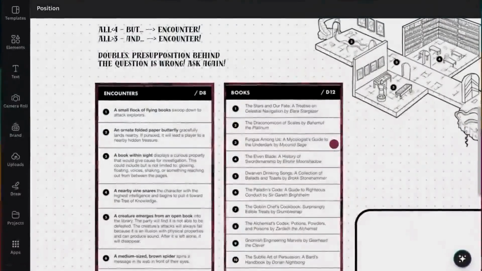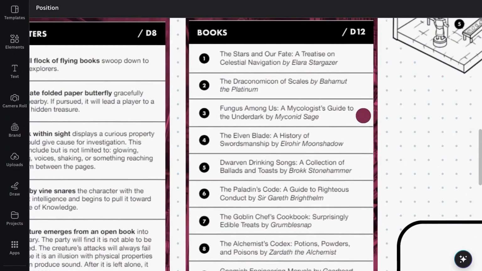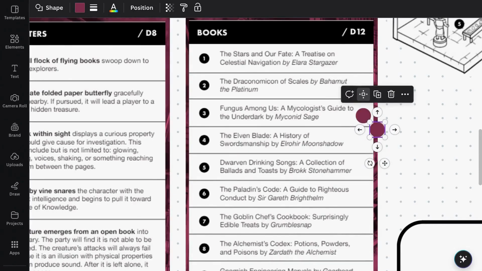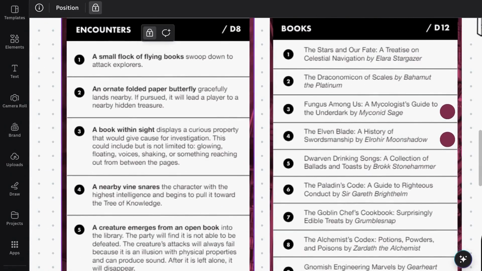Number 4, The Elven Blade, A History of Swordsmanship by Elroyer Moonshadow. Okay, we found this book too. I track it. And Elven Blade, A History of Swordsmanship. So I think when Opharis opens this book, he can hear the clashing of the swords and the sounds of the fight, how the elves use their special magical swords.